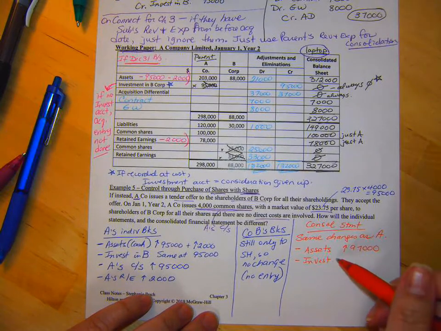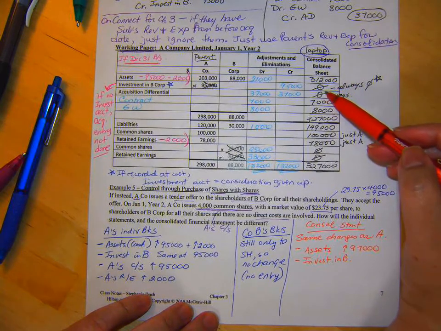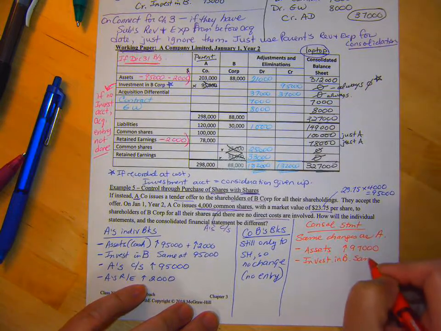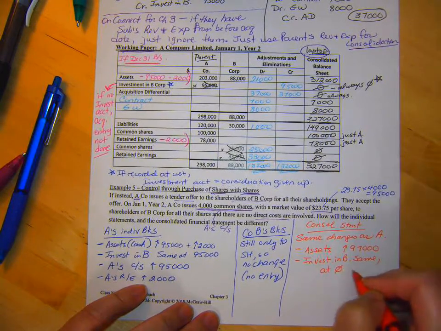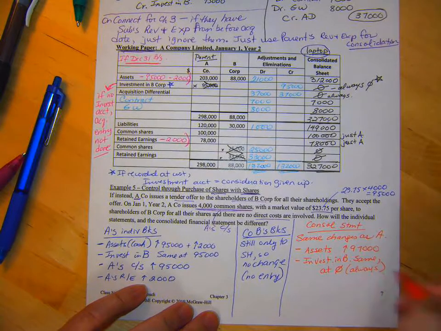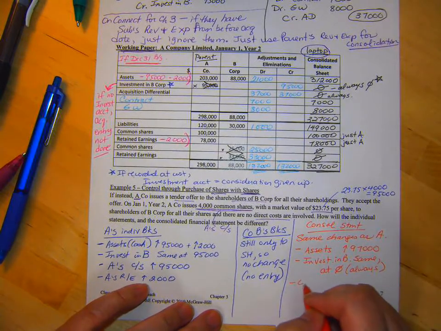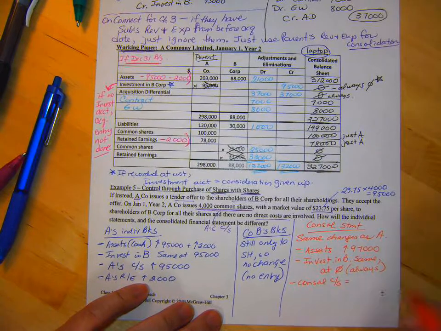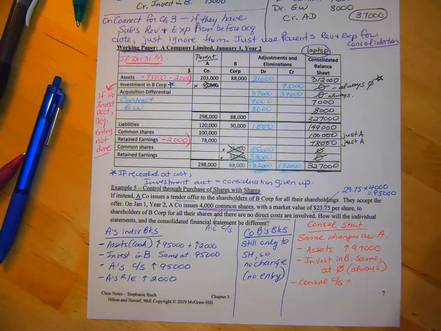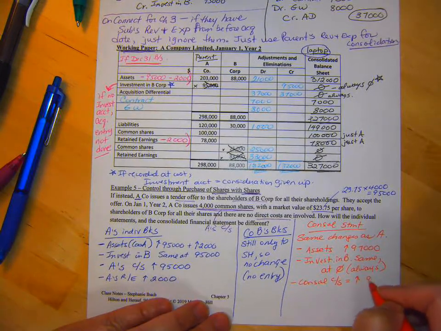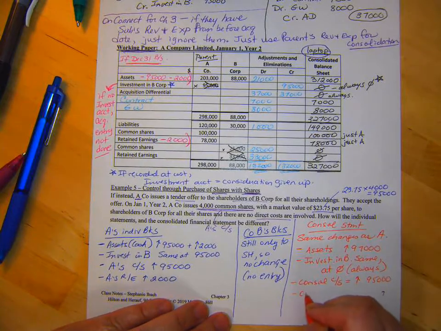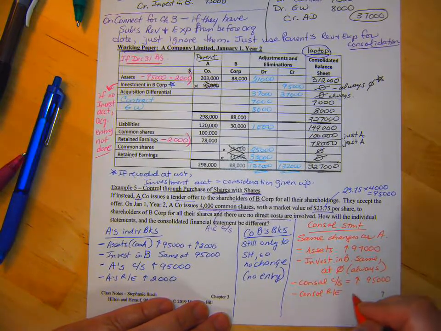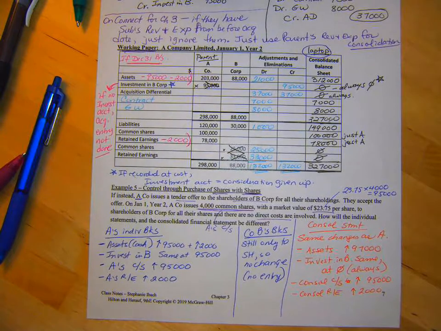Investment in B, is that going to change? What is it up here in consolidated? 0. So it's the same at 0, always, on consolidated. Consolidated common shares will be how much? They're going to increase by 95,000. And consolidated retained earnings is going to increase by 2,000. So no difference.